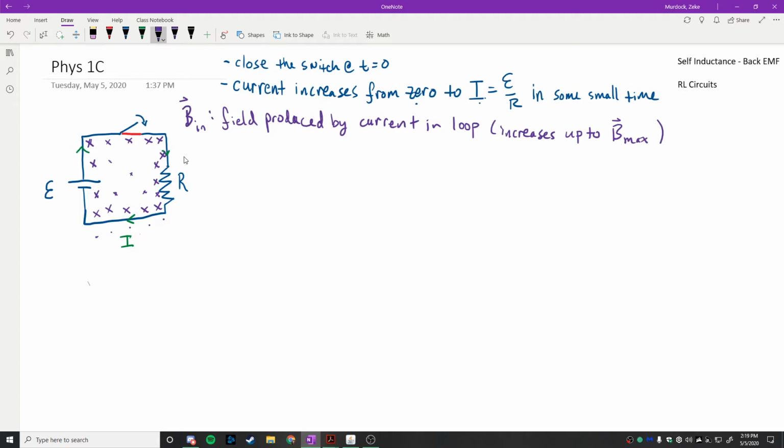The effect of this, as I think it was Hunter that said, is that there's going to be flux in the loop that's increasing. So this means there's an increasing magnetic flux through the loop.